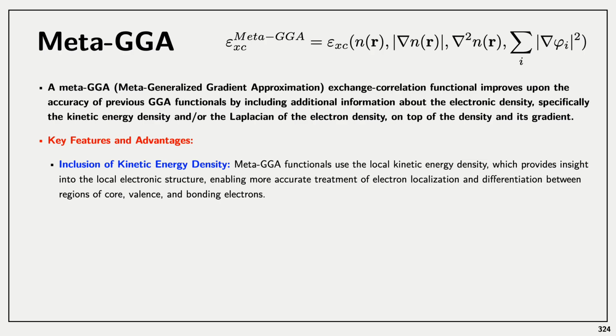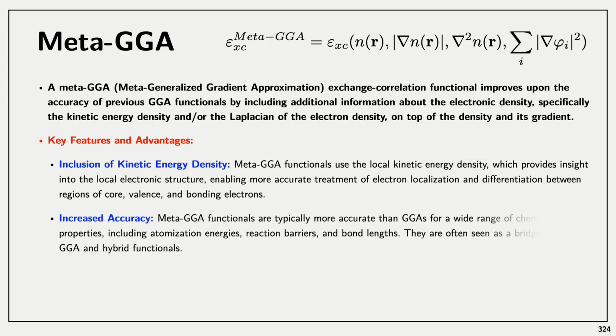So meta-GGA as a result is more accurate. You improve pretty much all the properties compared to GGA: barriers, bond lengths, atomization energies. Not quite as good as hybrid functionals, but at a much lower cost. That's what is nice about it.